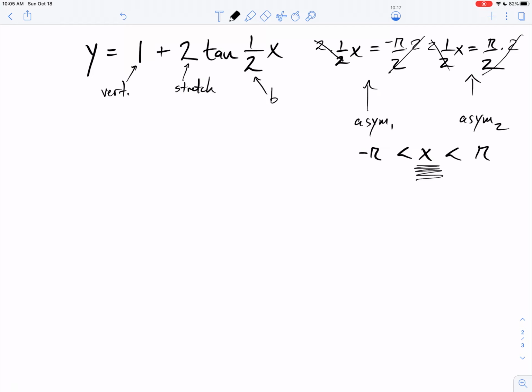So here we go. I am going to sketch this graph. But before I do, I need to know the period. The period is the distance between the two asymptotes. So always take the bigger asymptote minus the smaller asymptote.